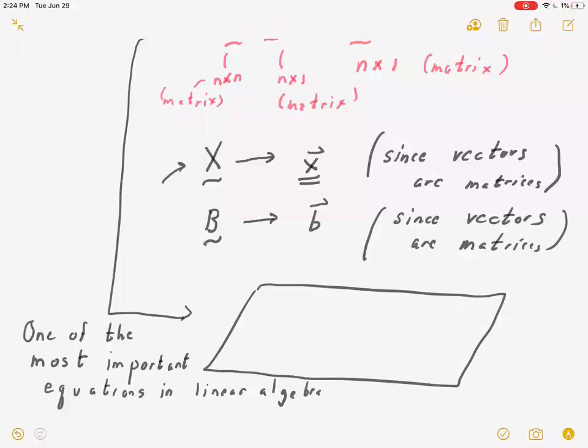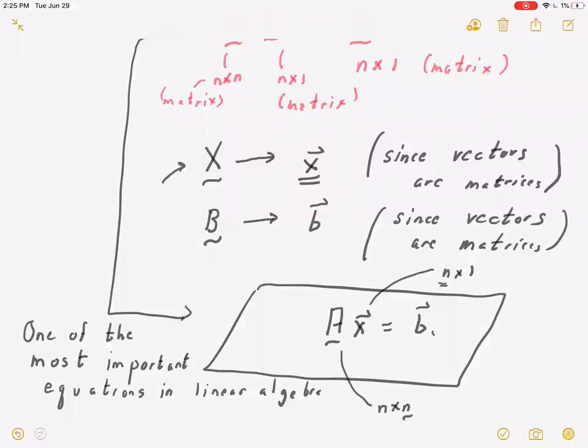And that equation is that the matrix A can be multiplied by a vector x, and that will give you a vector b. Note that in our case here, A is a matrix of order n, so it has n rows and n columns. x is a matrix that has n rows and 1 column. So you can multiply these together because the column index of A is identical to the row index of x.